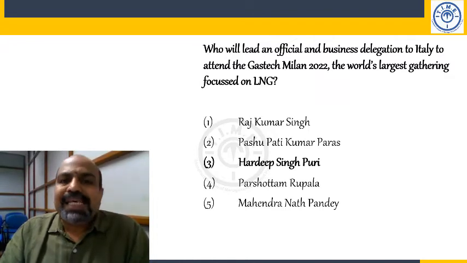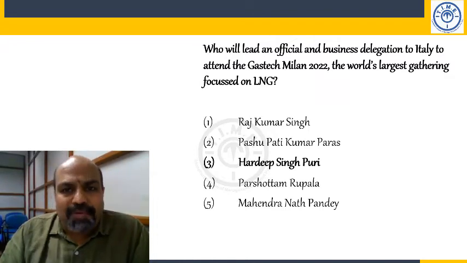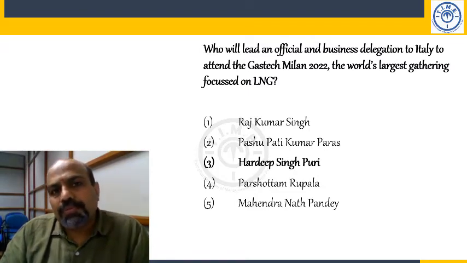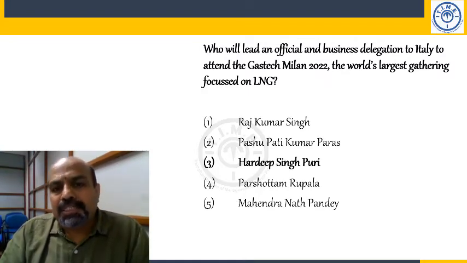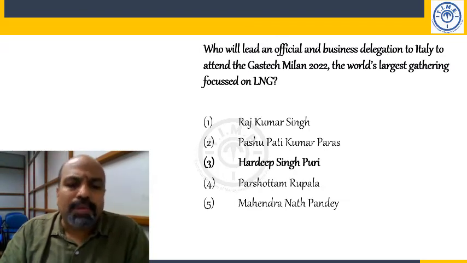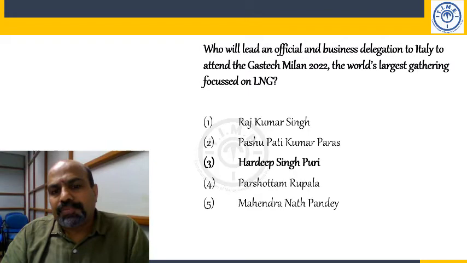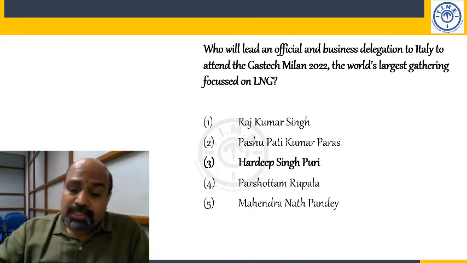Rajkumar Singh. He heads 2 ministries. One, Power. And the second one is related to the first one. New and renewable energy. So we took the names of all the 5 ministries.